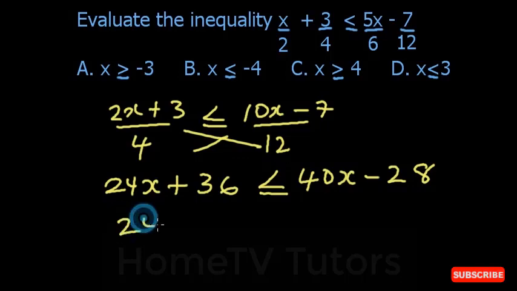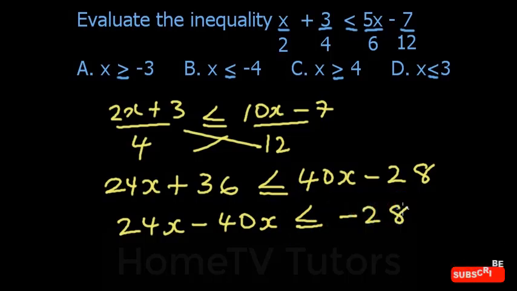So we bring 40x to the left hand side. The positive sign will now change to minus. So we have minus 40x less than or equal to minus 28. Then the 36 will come to the right hand side. This plus sign will now change to minus sign, so we have minus 36.